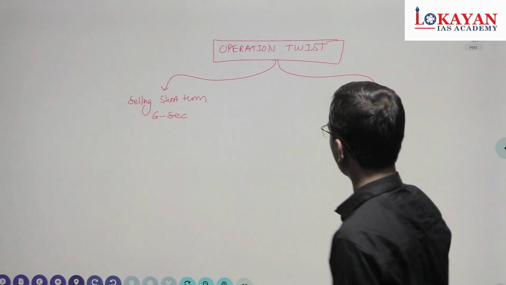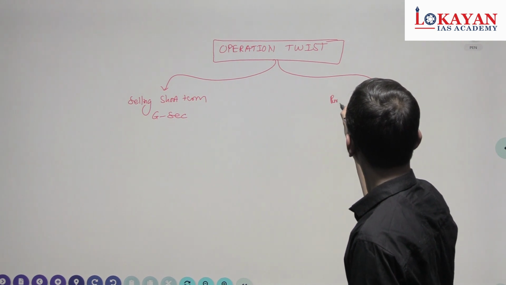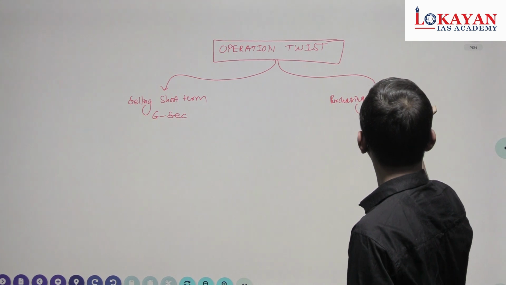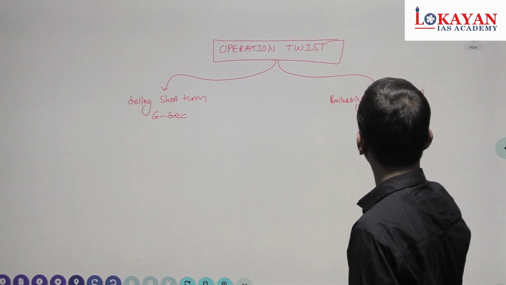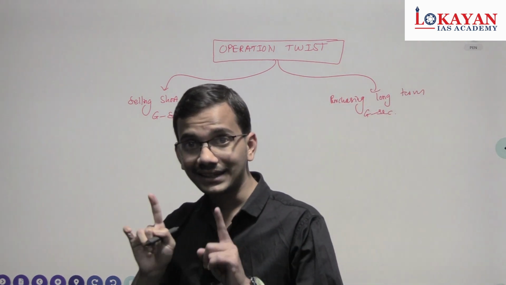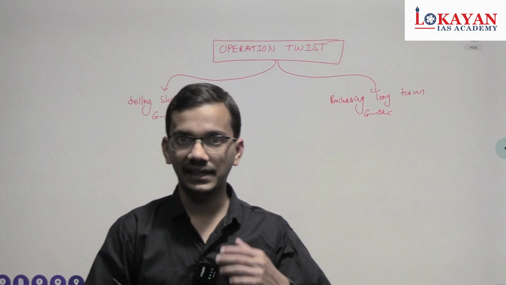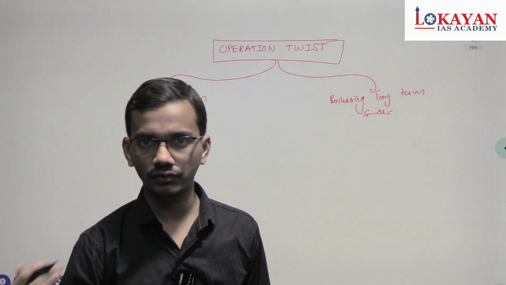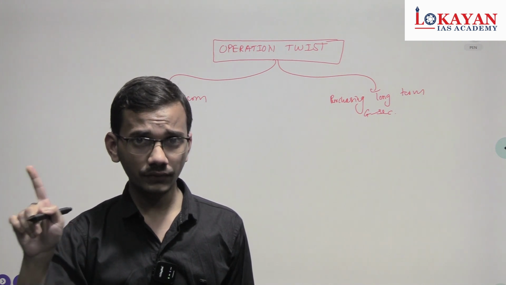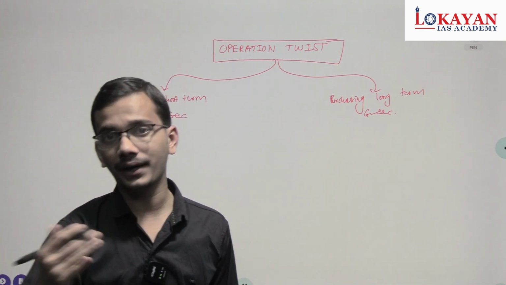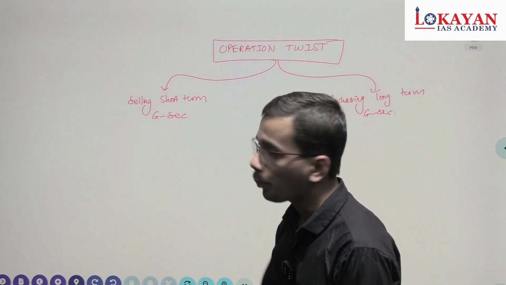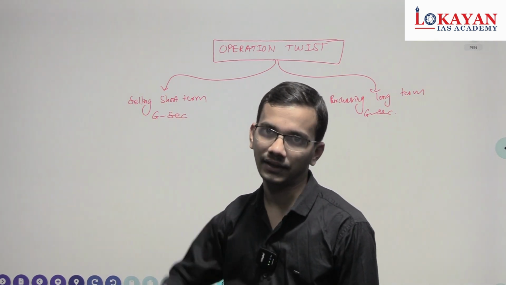And the second operation, purchasing long-term government securities, worth the same value. If I am selling short-term government securities worth 10,000 crore, then the same amount of long-term government securities has to be purchased. Okay, see, selling of short-term government securities in the market.